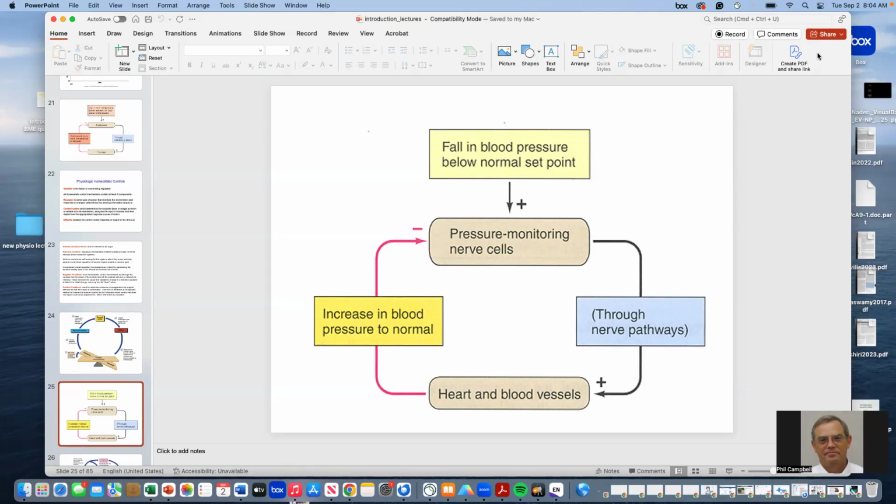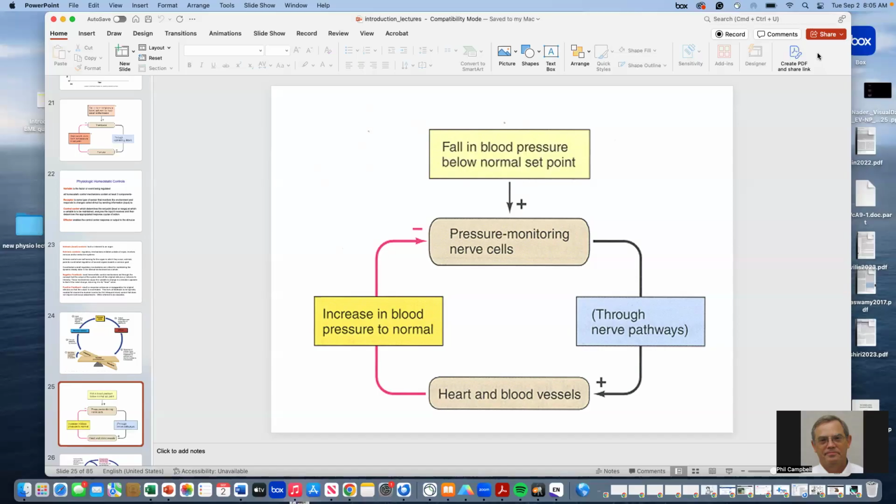The ones in the carotid are designed to ensure that you have a constant blood delivery to your brain, whereas the aortic arch is maintaining blood pressure throughout the rest of the body. All right. Now, those are the receptors. In both cases, what can happen is there will be a direct connection to, say, the brain.